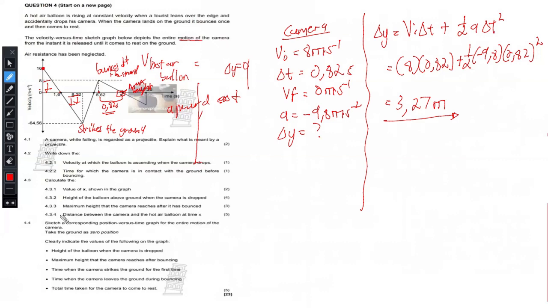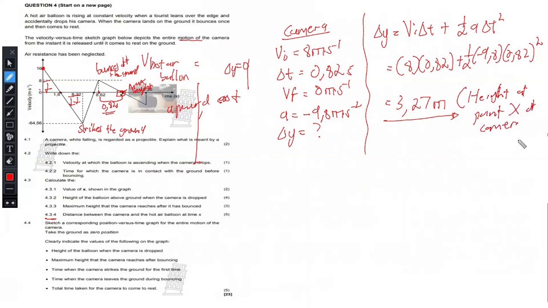Okay, let's now proceed. We have 4.3.4. It says, calculate the distance between the camera and the hot air balloon at time x. We already know the height of the camera at point x. So this is height at point x of the camera.